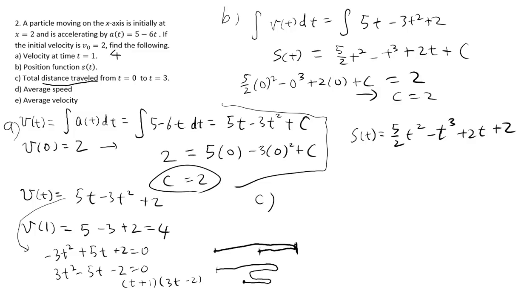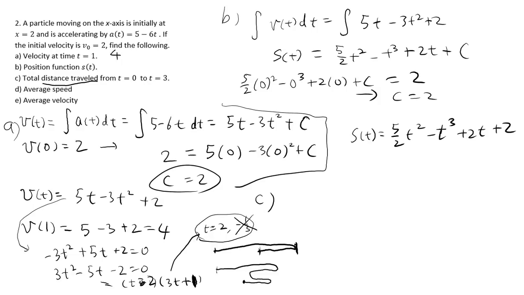Let's see. I see. So this should have been negative 2, and this should be plus 1. Okay, so negative 6 plus 1 does give you that. So this thing factors as t minus 2 times 3t plus 1, where it has two solutions, right? t is either 2 or negative 1/3, but negative time doesn't exist, so you just have to use t equals 2.